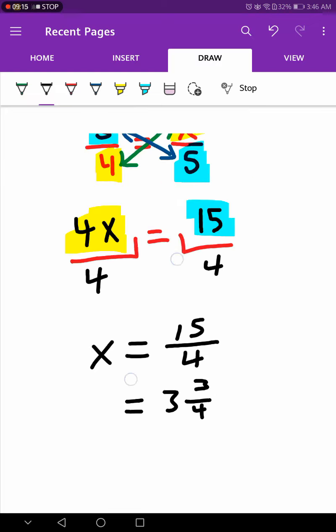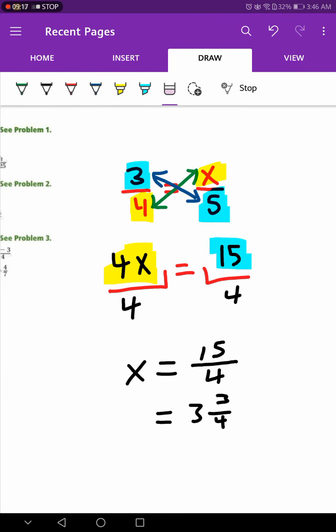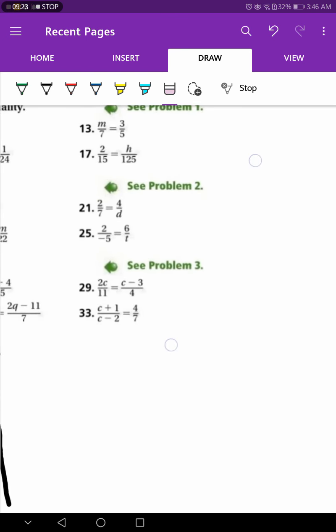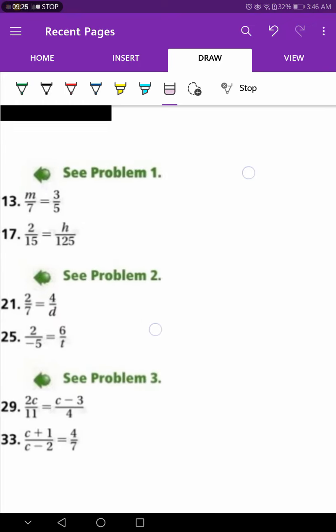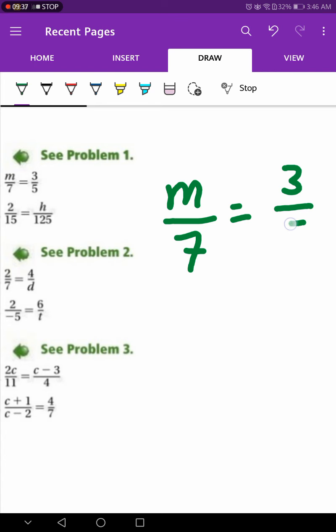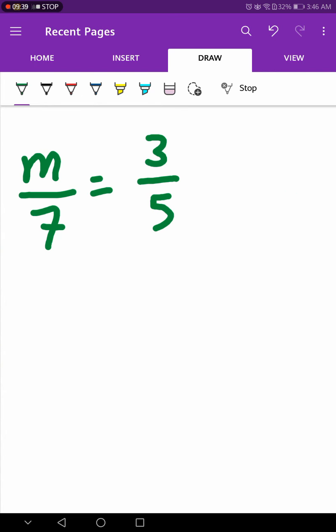Okay, one more example for my best students. Wait for me, don't go away. I'm coming. I will do number 13 and you will help me, yes? It is m over 7 equal 3 over 5, sorry. Let us do it. Cross multiplication.